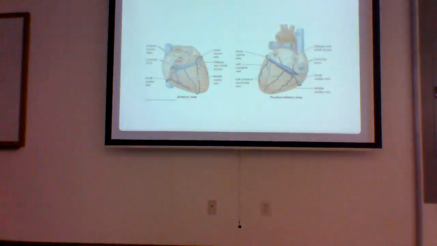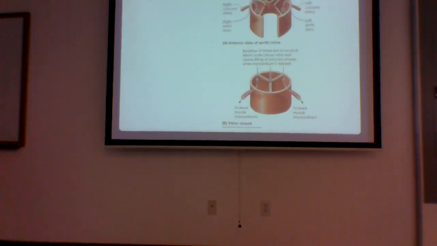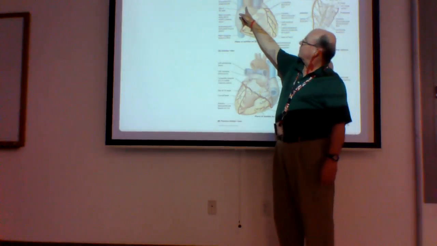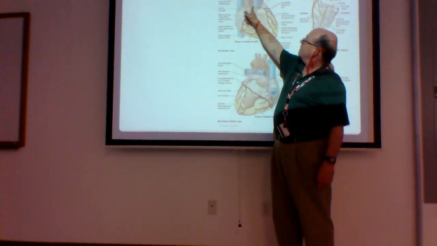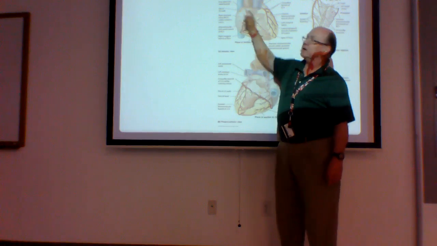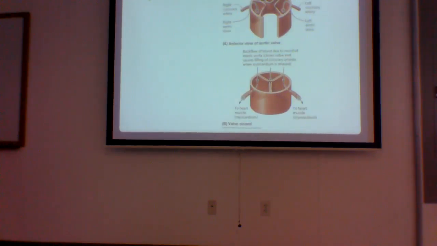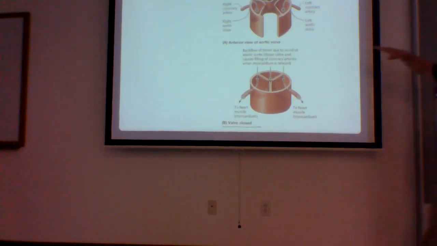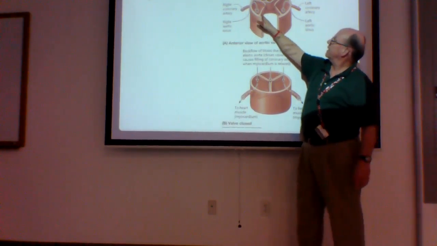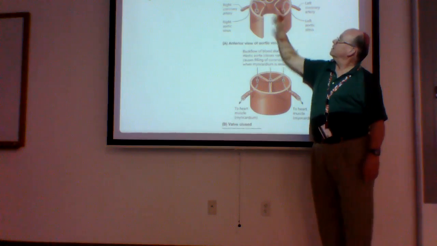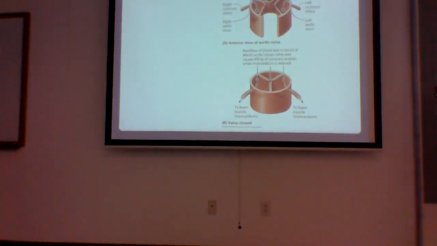So if we go back up one more, we look at the relationship of the coronary arteries coming off the left side and the right side of that aorta. Okay? Now we cut that aorta and look into it, and here we see the three cusps of that aortic valve.